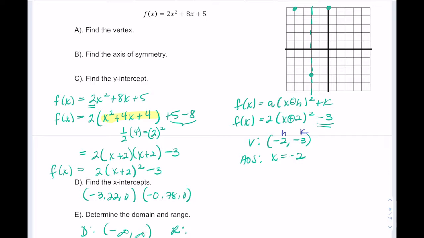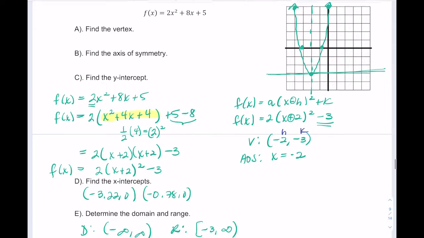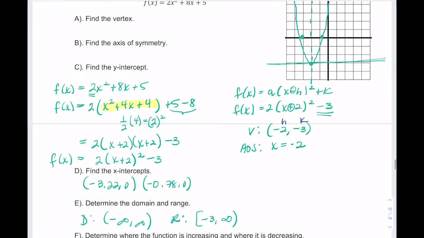And my x-intercepts are negative 3.22 and negative 0.78. And then you're just going to connect it with a nice smooth curve, and that would be your parabola. So you can see here the parabola does not go below negative 3. So the range will go from negative 3 to positive infinity because it's going to keep going up and up and up forever and ever.